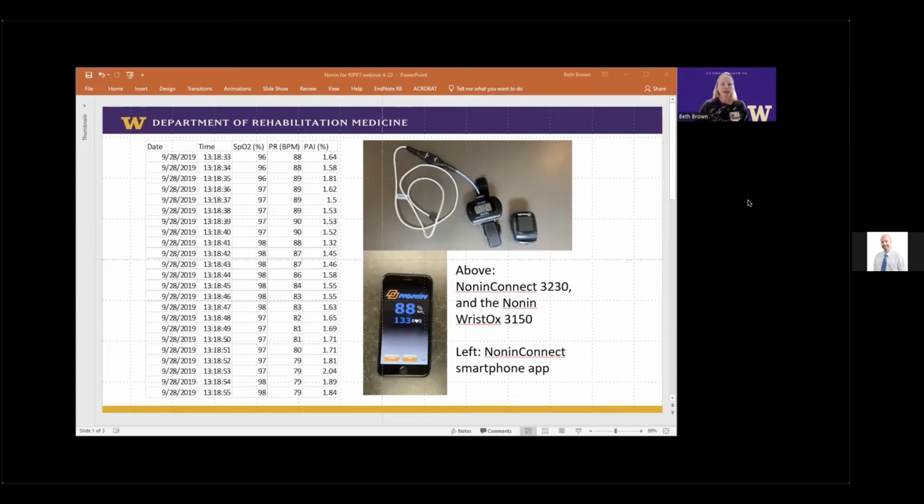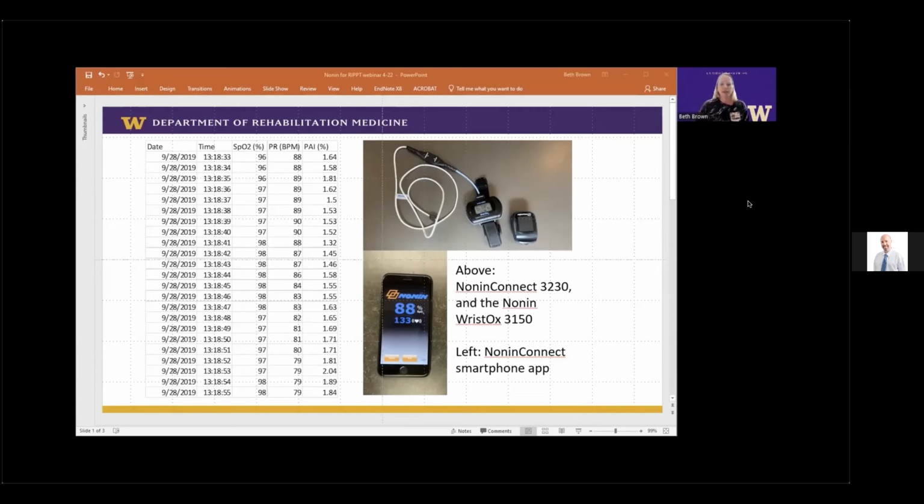And that PAI percentage really gives you an idea of the quality of the signal. And the algorithm within Nonin will actually do some cleaning prior to you even seeing that data. It will remove values where the pulse amplitude index, the PAI, is too poor, and these will show up as gaps in the data.